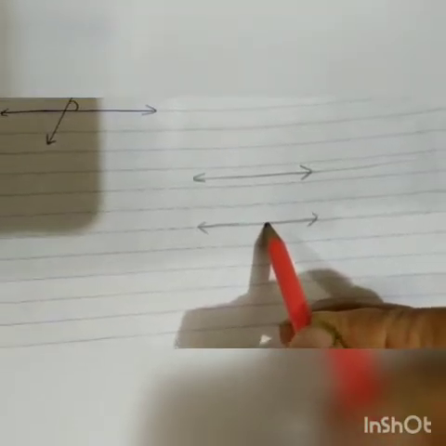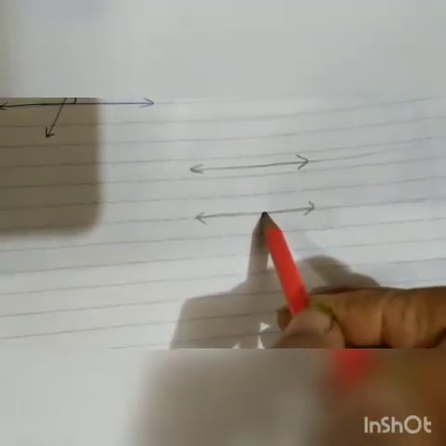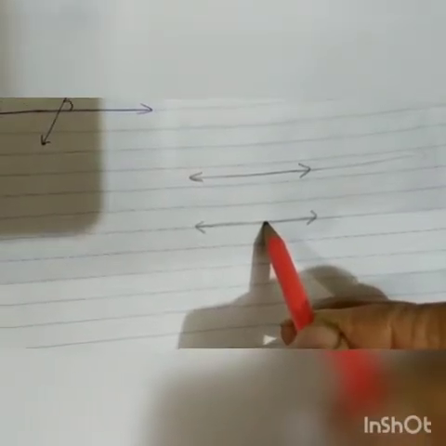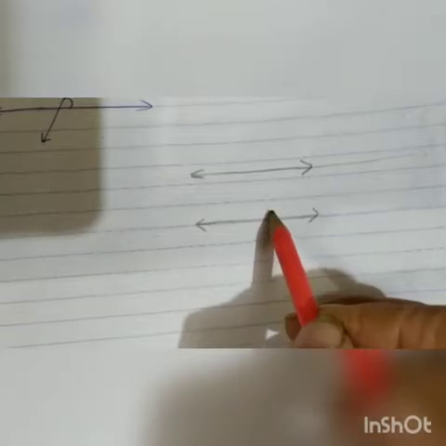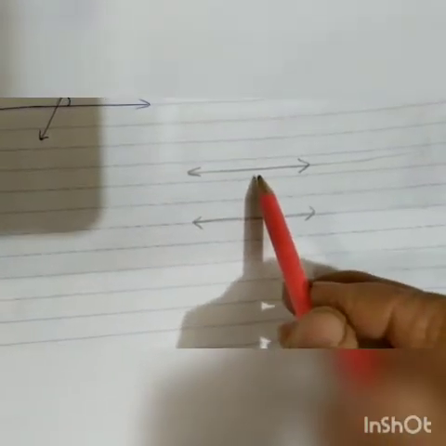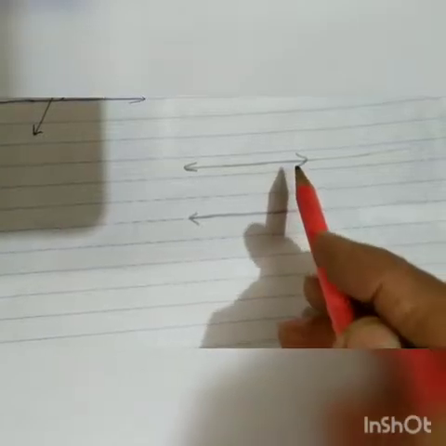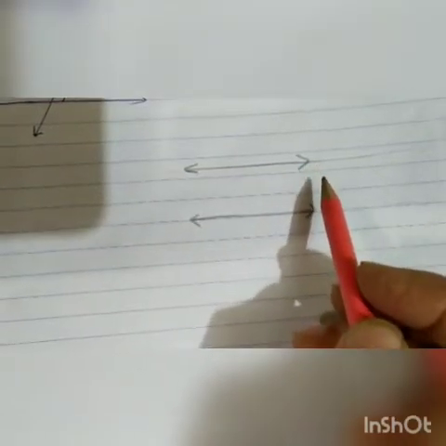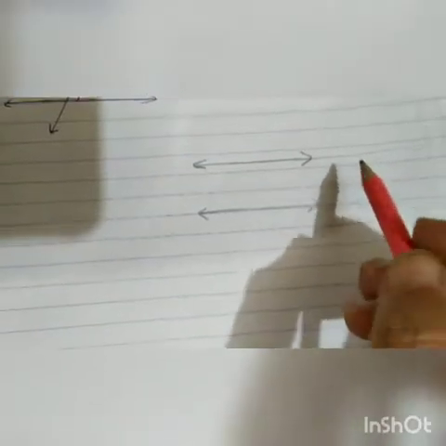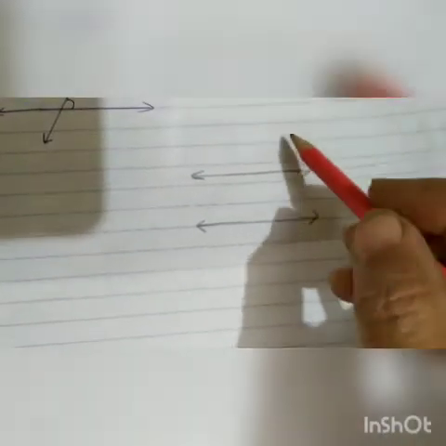Those two or more than two lines between which distance remains equal, and after extending in any direction they never intersect each other, are parallel lines.